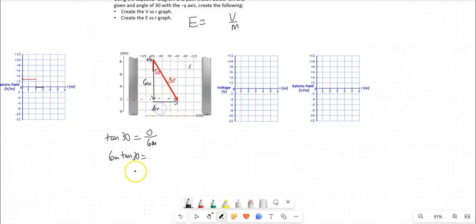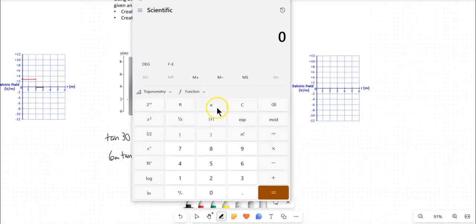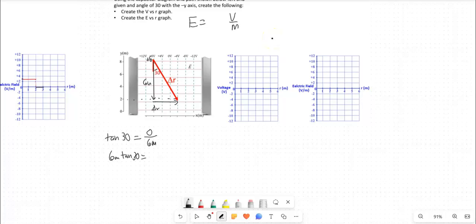So we're about to figure that out. It's going to be a weird number. 30, second function, tangent, times 6 equals. I'll try to make sure yours works out to be a whole number. Mine's 3.46. Wow.